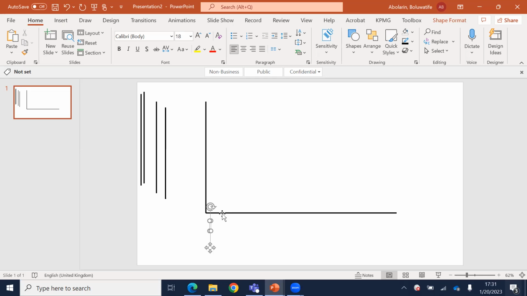So according to the table, we have accountancy, which we represent by A. We have business admin by B. We have marketing by M. And we have banking and finance.